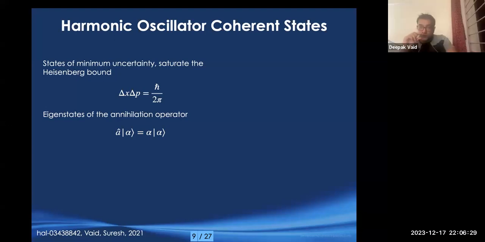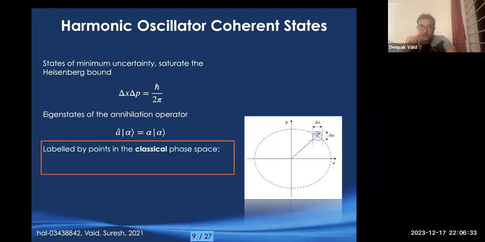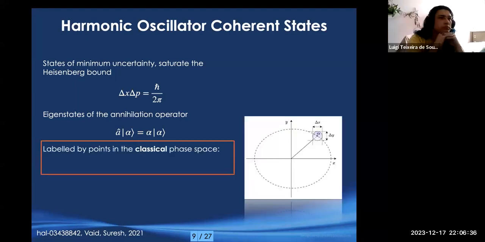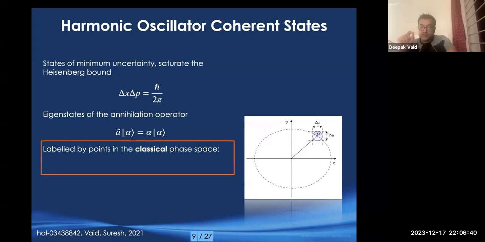So you can write A hat in terms of P hat and Q hat, and depending on which representation you work in, you can write one as an operator and the other as the derivative.